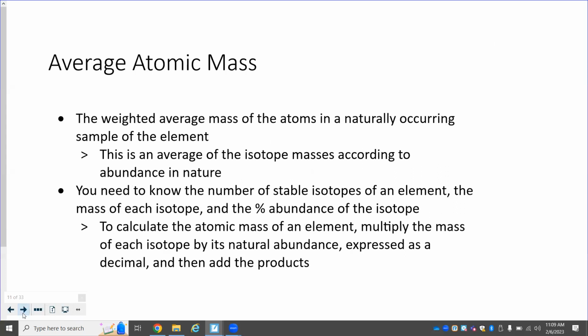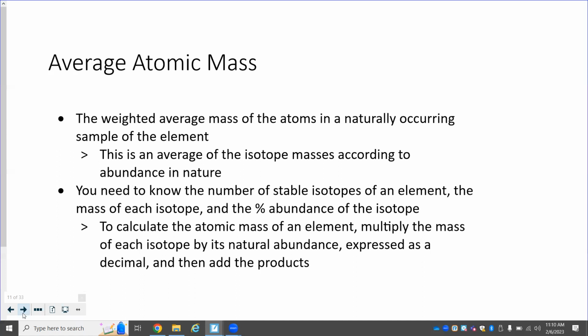So what is on your periodic table, that mass that is not a whole number, is an average atomic mass. And average atomic mass is not found like you would do a normal average in math. You are not simply adding masses together and dividing by how many masses you have.